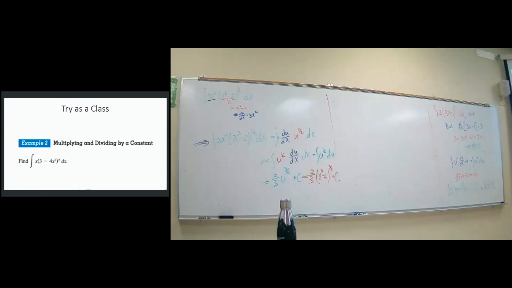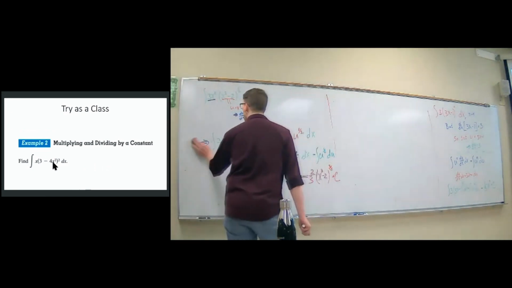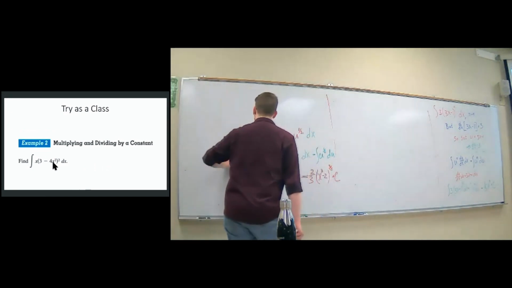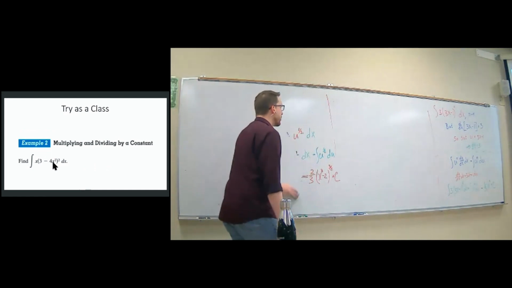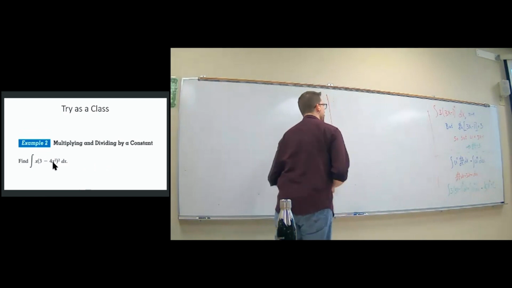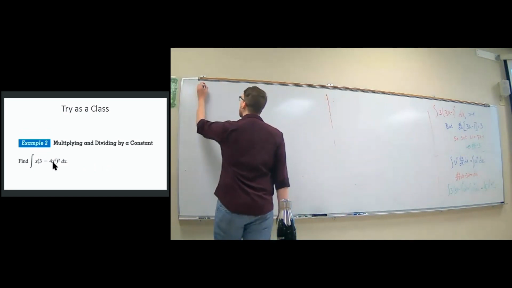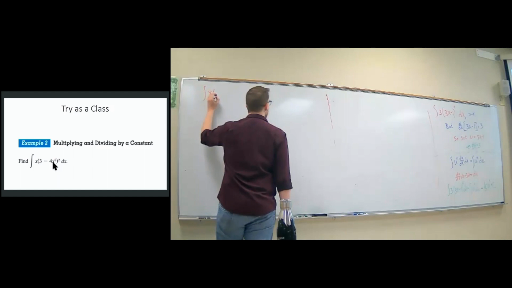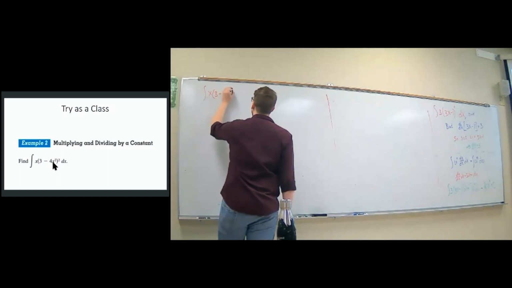So what about when we multiply and divide by a constant? How would we go about this thing? Let's start by observing that here, things aren't going to come out exactly as we want them to come out. There's a reason why. We've got the integral of x times (3 minus 4x squared) raised to the second power, integrated with respect to x.